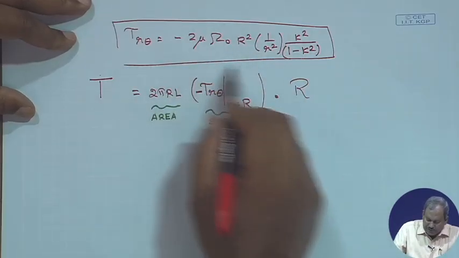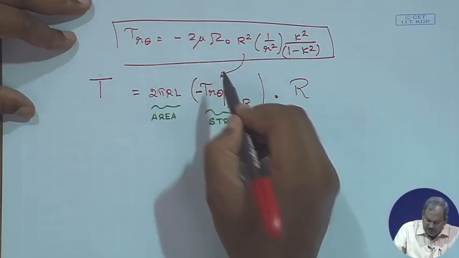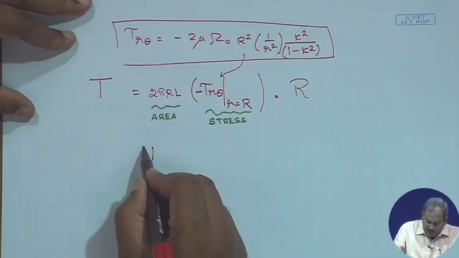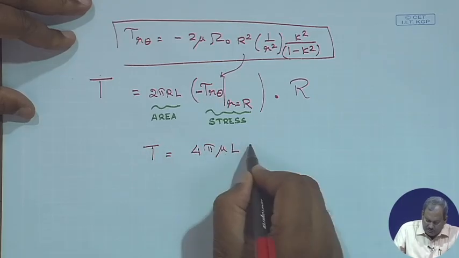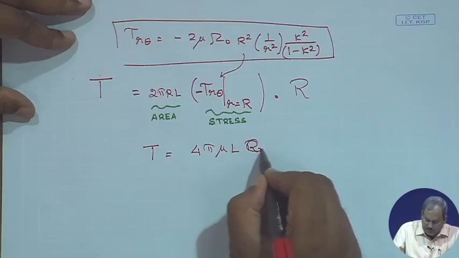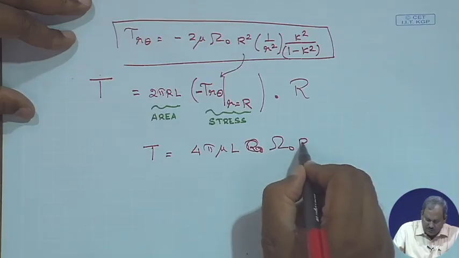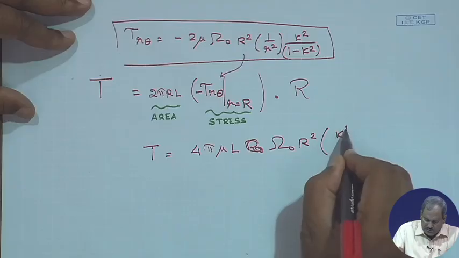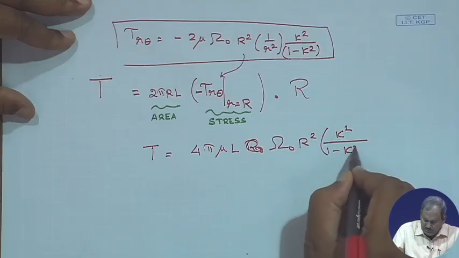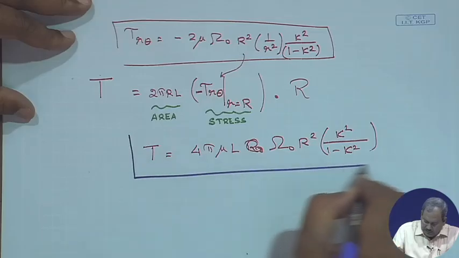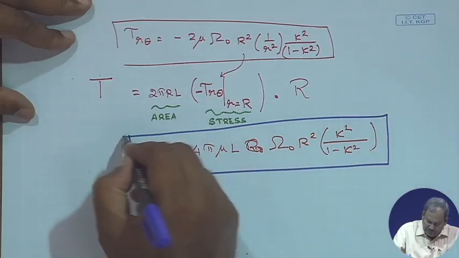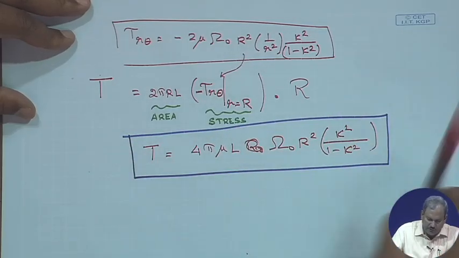So, this expression for tau r theta is then plugged in here, and you get a compact expression of T as 4... This is the final expression for the torque that you would obtain.